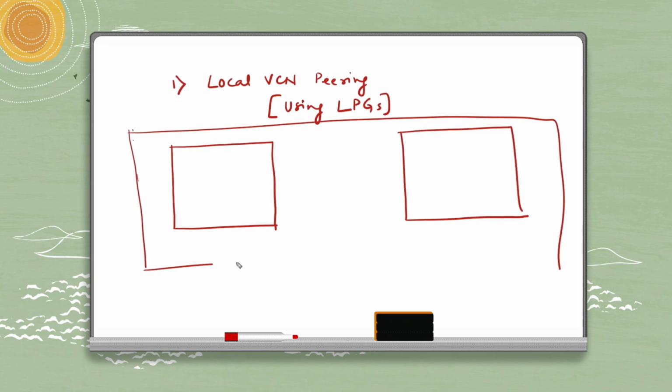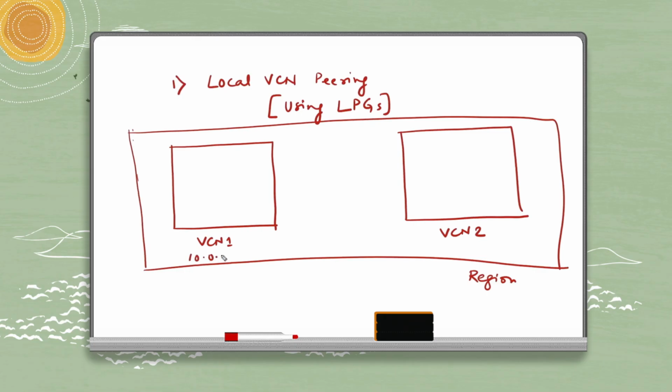First of all, the two VCNs are in the same region. This is VCN 1. This is VCN 2. Now the first condition for peering is that the IP addresses should not overlap.